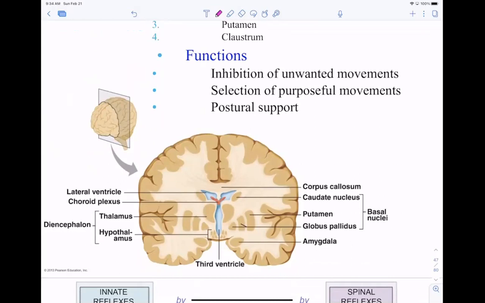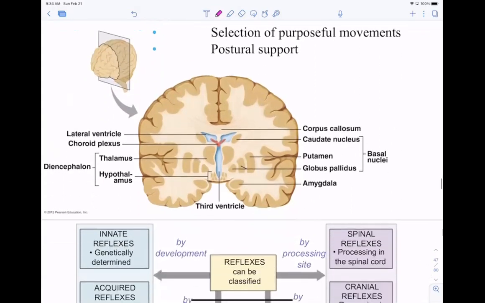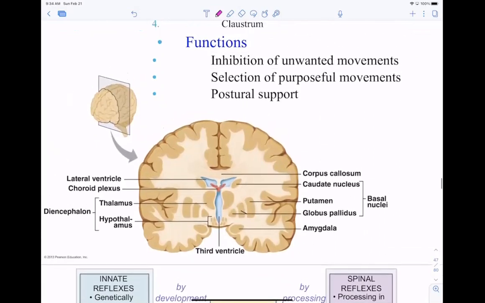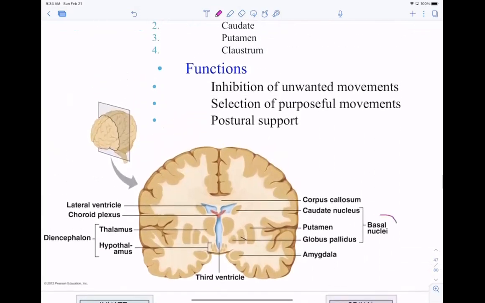You don't need to learn these per se, but I'm going to explain to you, like Parkinson's, there's a breakdown. In the midbrain, the red nucleus produces a neurotransmitter that works with the basal nuclei.